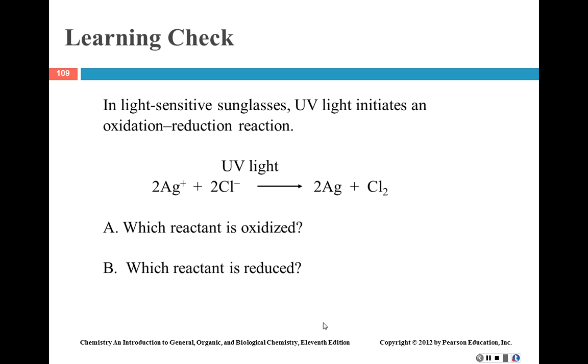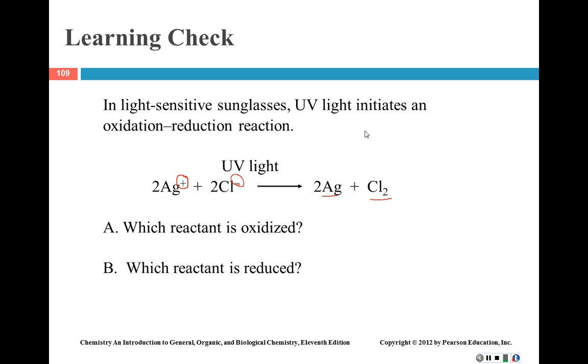In light-sensitive sunglasses, UV light initiates an oxidation reduction reaction where you have silver in the form of a +1 ion, and you have 2 chloride ions, and they give you silver and chlorine. All right, and so what it's asking you is which one is oxidized.